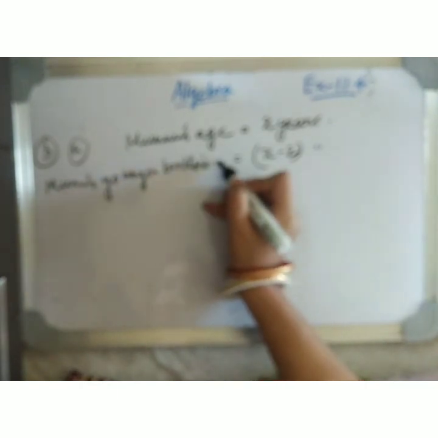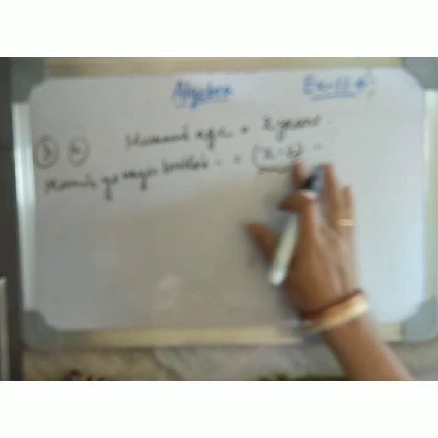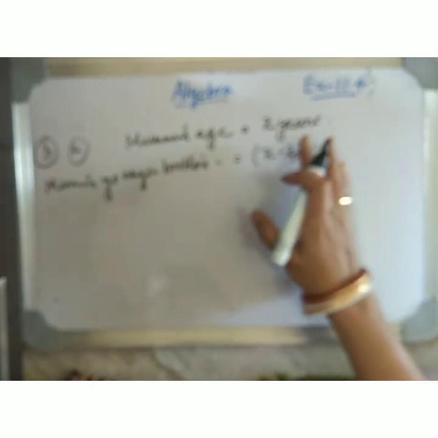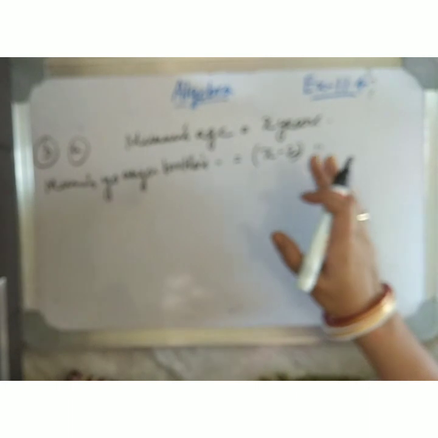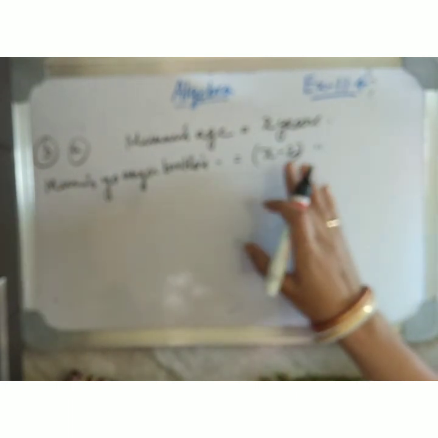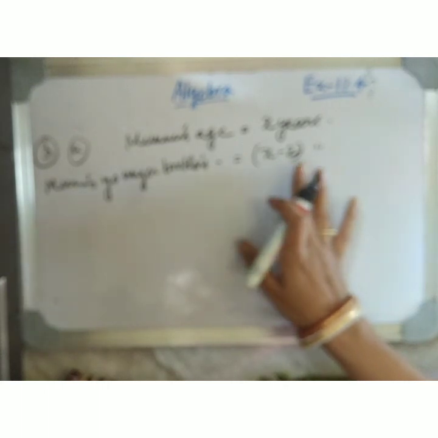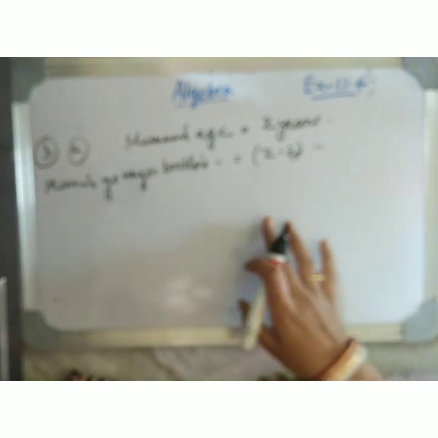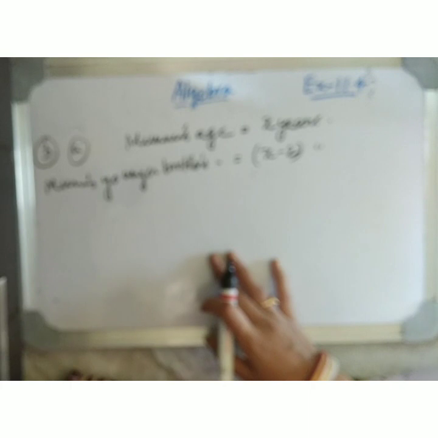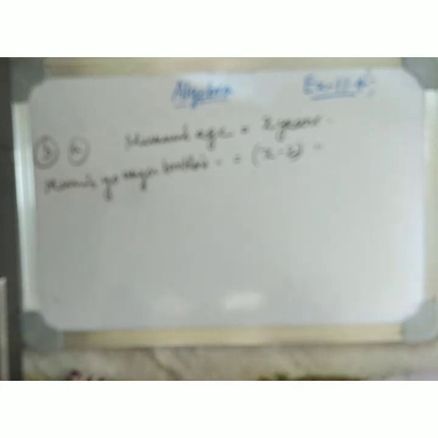Am I clear? Since it is given X minus 2, it is less than X, so it will be the age of someone who is younger to Munnu. So here it is written that it will be the age of Munnu's younger brother.